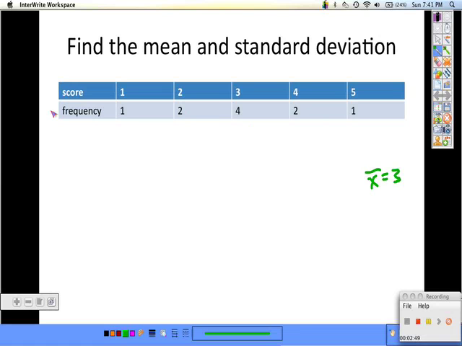To find the standard deviation, we're going to need to take x minus x bar as one of our columns. So we're going to be doing 1 minus 3, which is negative 2, 2 minus 3, which is negative 1, 3 minus 3, which is 0, 4 minus 3 is 1, and 5 minus 3 is 2.